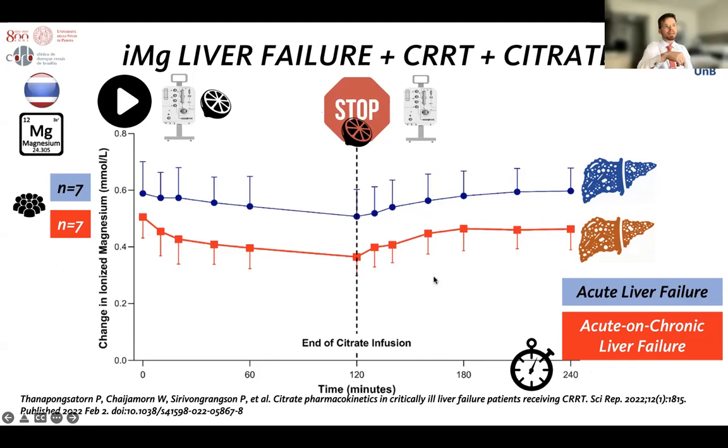Remember, in the first slides, I told you that it takes 30 minutes for citrate to return to baseline. However, that is in patients without liver impairment. These patients had liver impairment, so it takes a little while until the concentration of citrate and other ions like magnesium and calcium return to baseline.